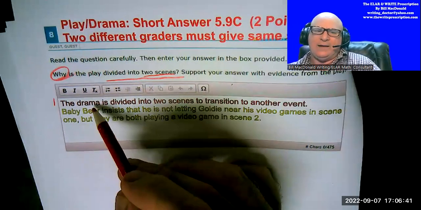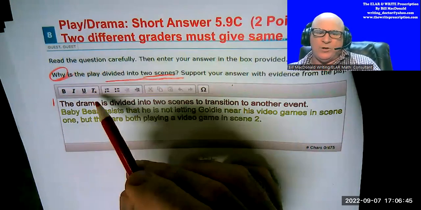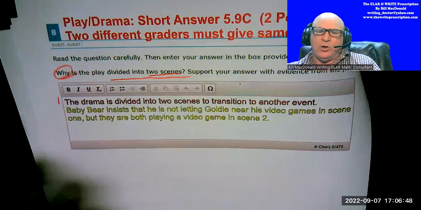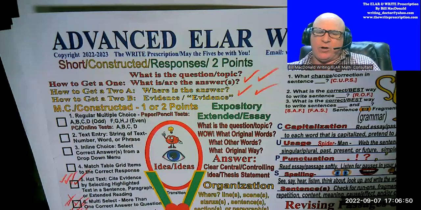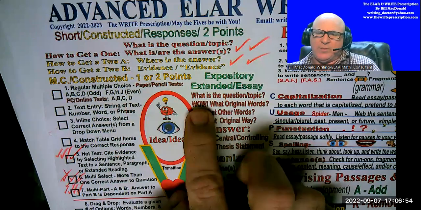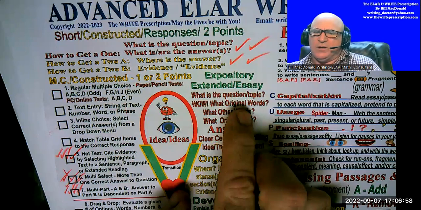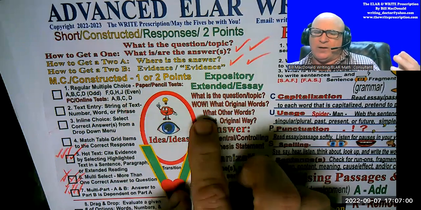So when I tell my students, if you look at the folder, when you're answering a question, you think of this acronym WOW. What original words from the question can I use when I'm answering it? What other words could I use? In other words, interchange drama and play.